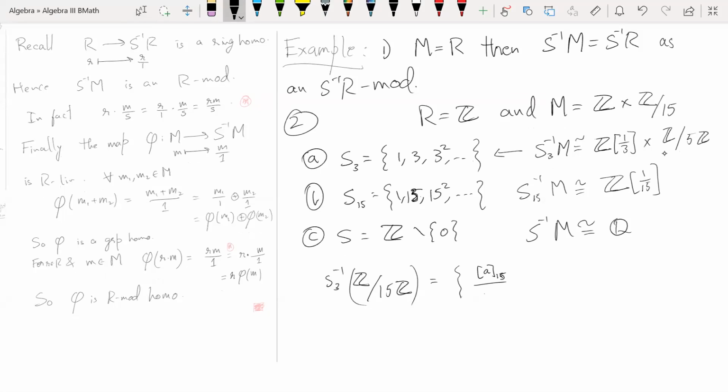A is an element of Z mod 15, and n is some number greater than or equal to 0. This is what it looks like, but there is some relation among these equivalence classes.